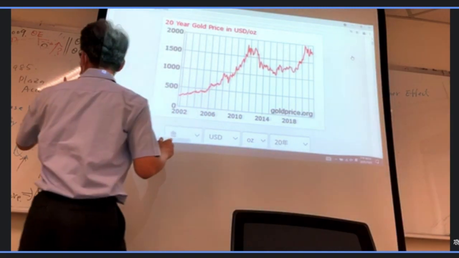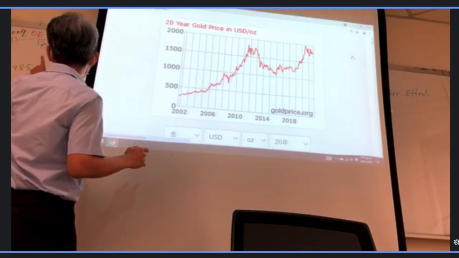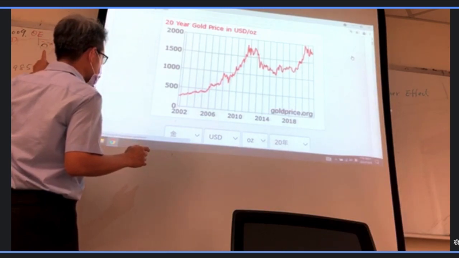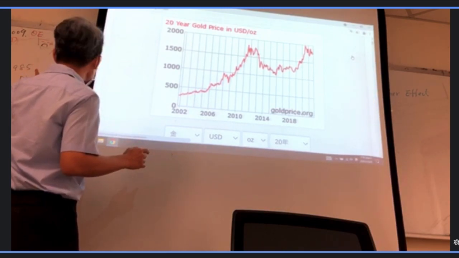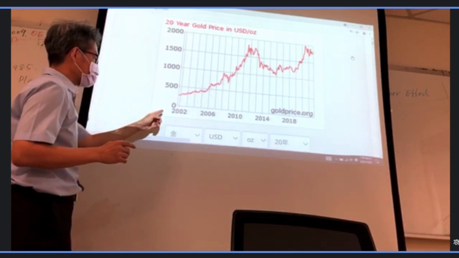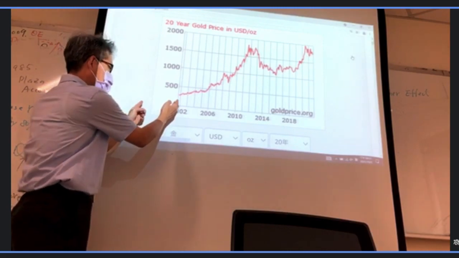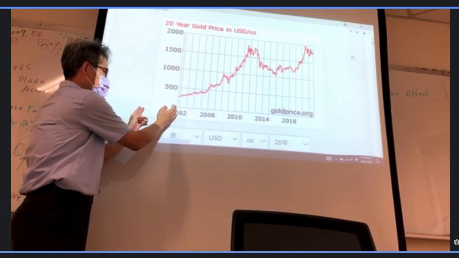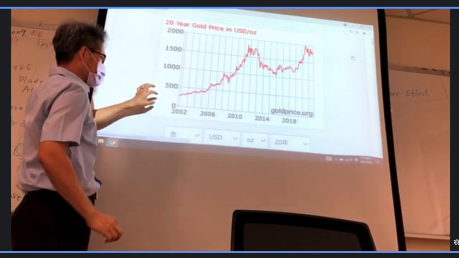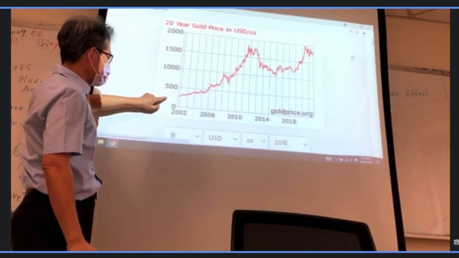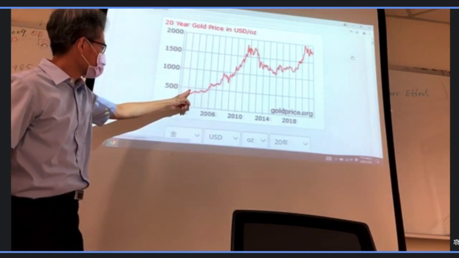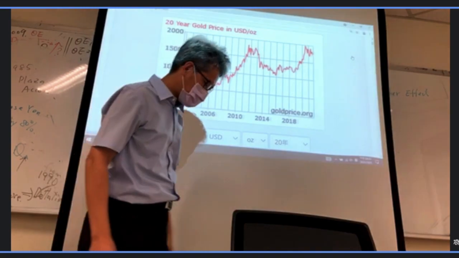Remember, as I said, the deflation, world deflation, started from 1997 to 2002. So in between here, this is very, very deflation. And then after 2002, the price of the gold started to climb.